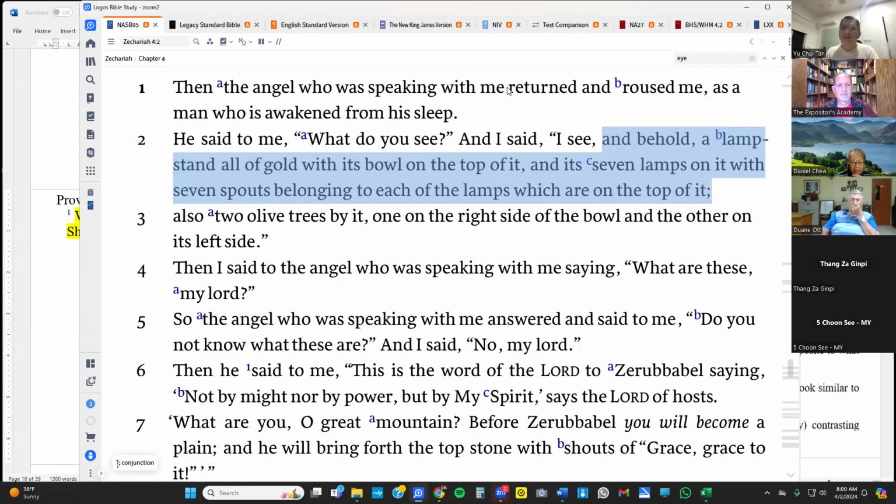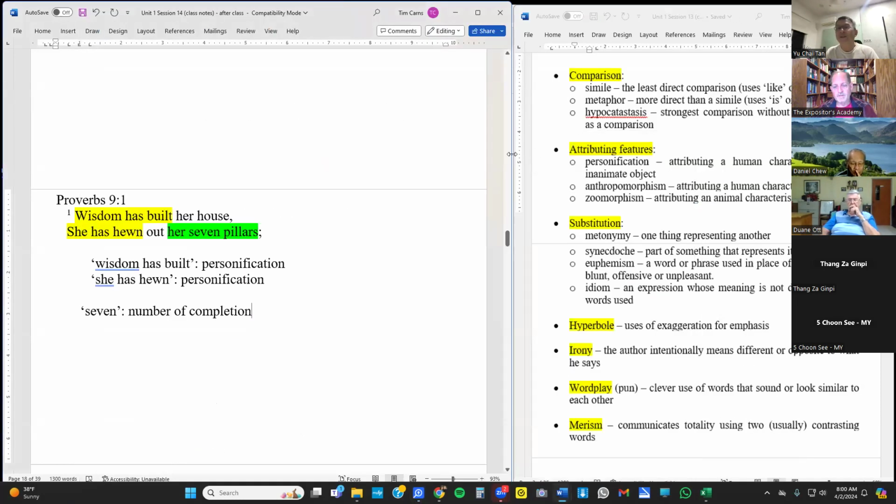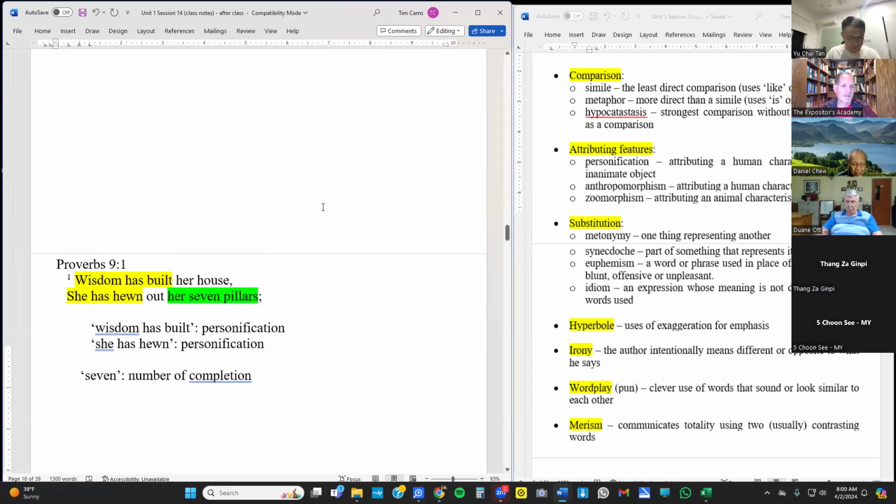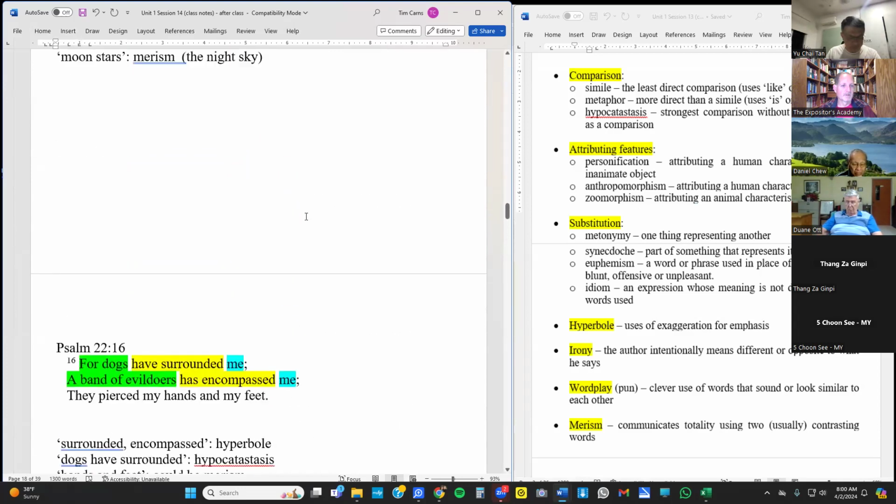You can see here things can get rather complicated as you're trying to figure this out. So really, having an understanding of not only the context, but even the broader knowledge of the Old Testament, helps to know how expressions are used. Like I said earlier, the work of his fingers.